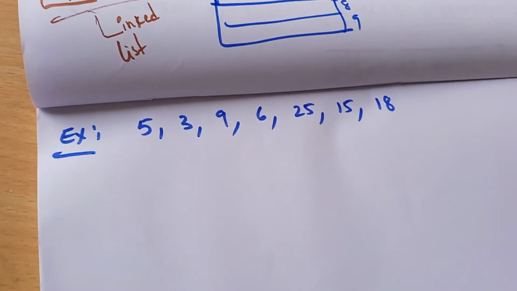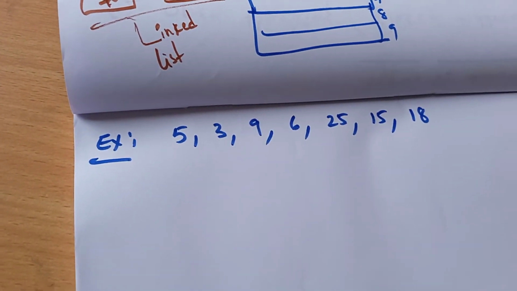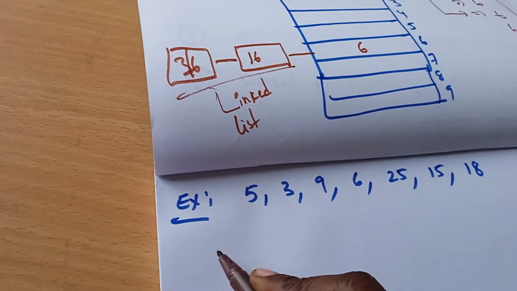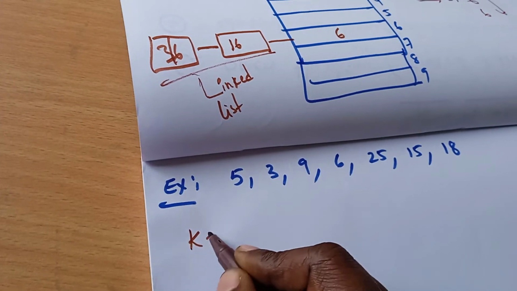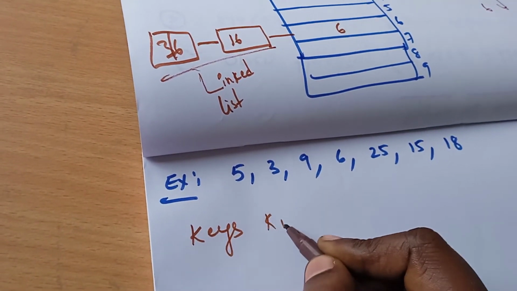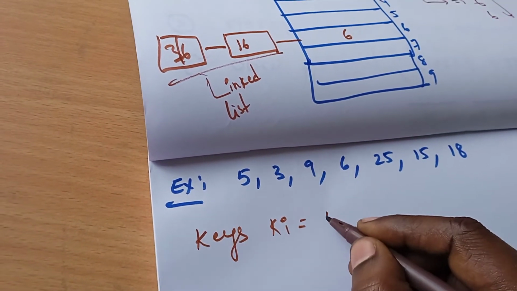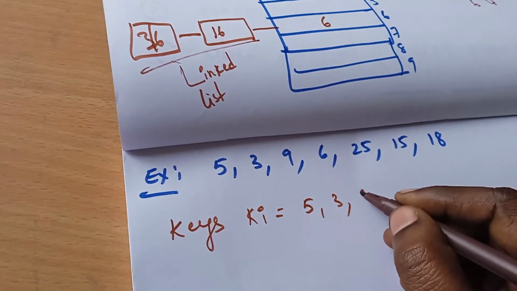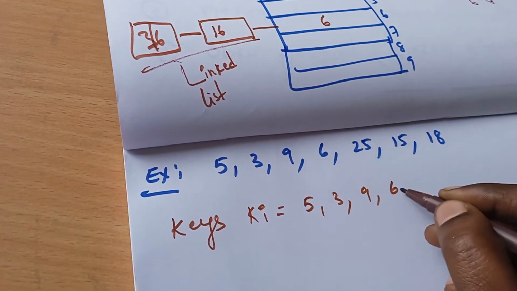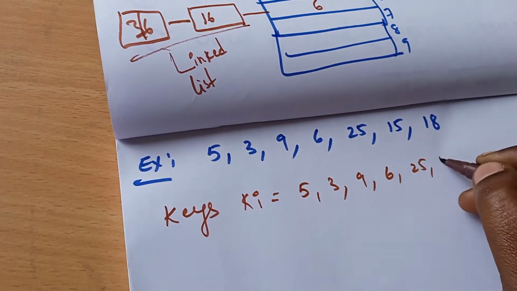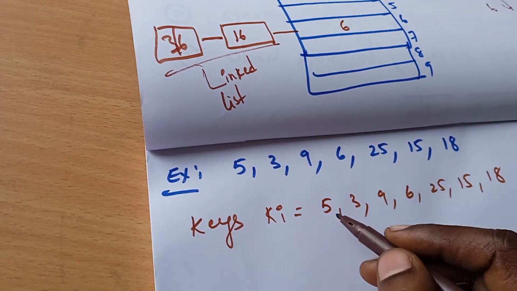Now these are my keys. So the way of giving the solution is: keys ki is equal to 5, 3, 9, 6, 25, 15, 18.